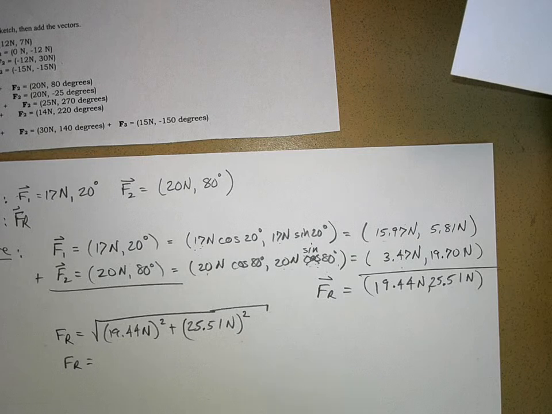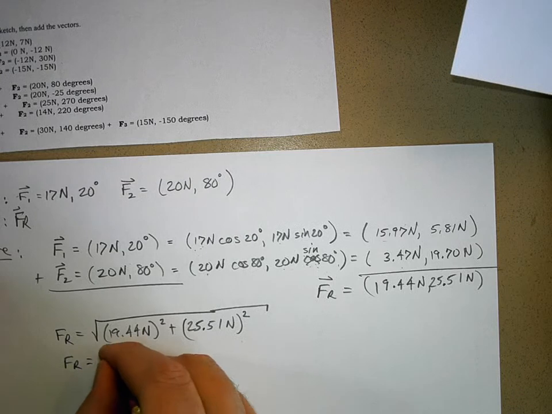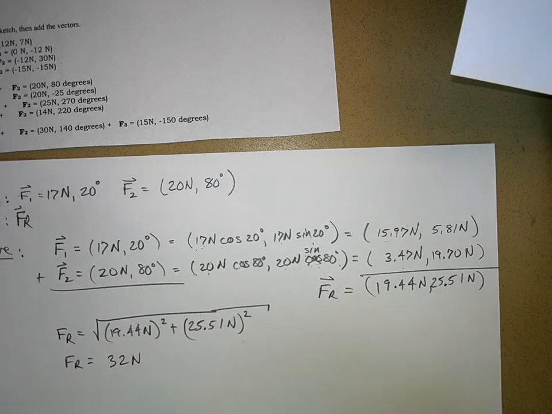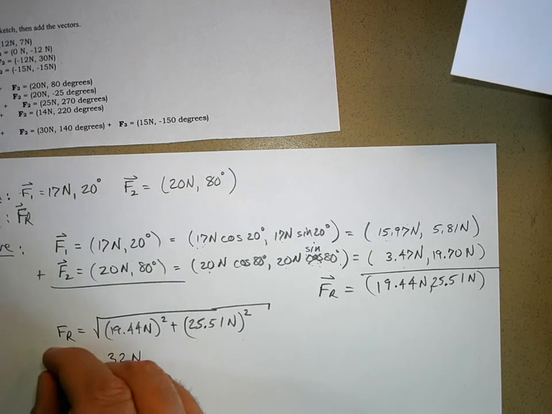So what do you get? You get probably something like 32, 33. 32.07. Okay, 32. Now how do I get that? I know it's going to be bigger than 25, and then I look at this one, oh, it's pretty close, so it's going to be significantly bigger than this. So there you go.